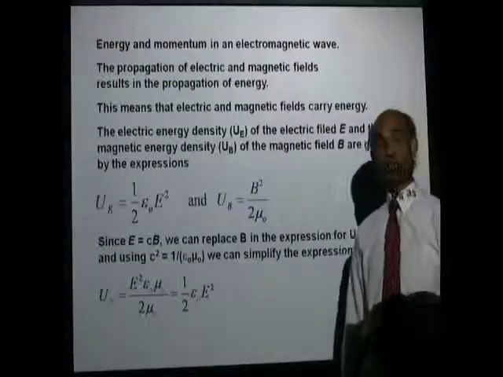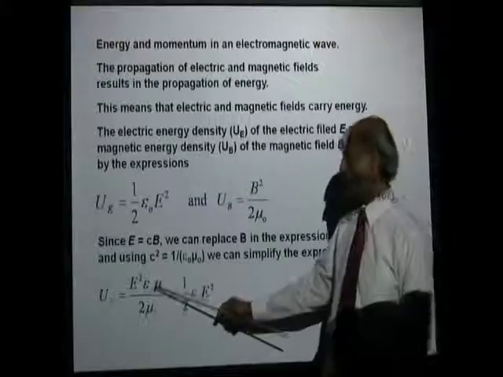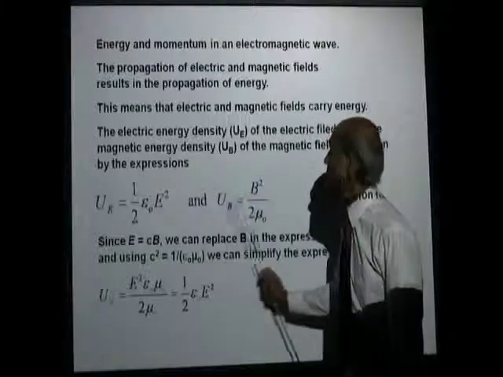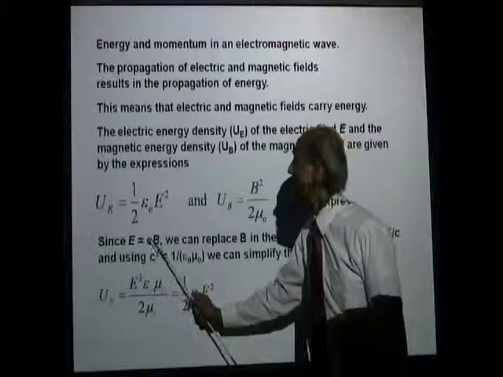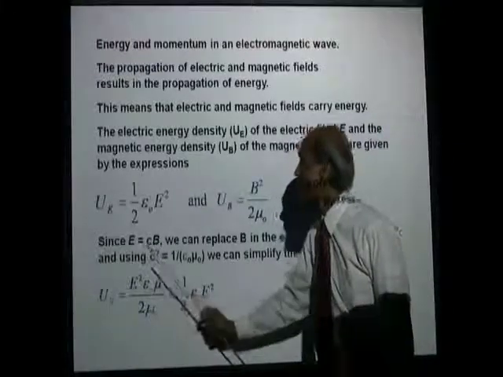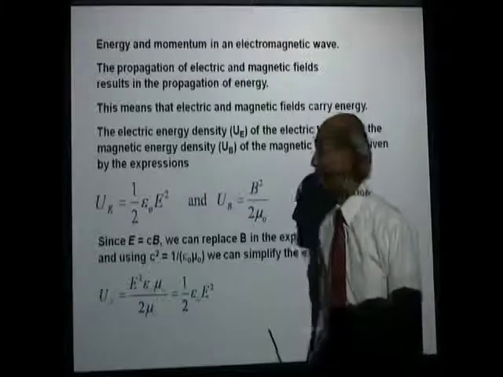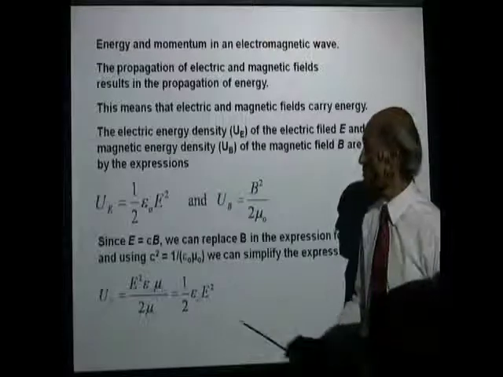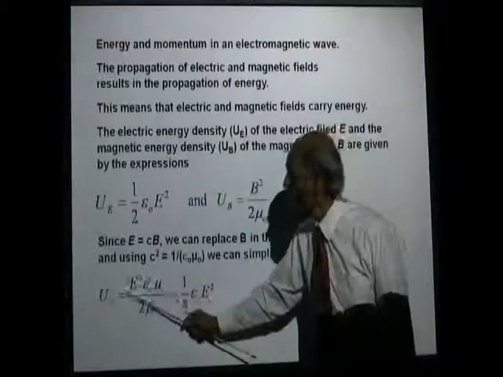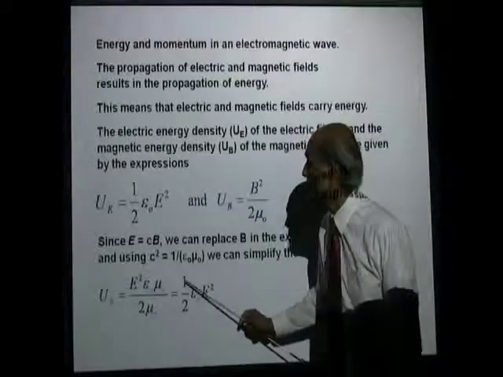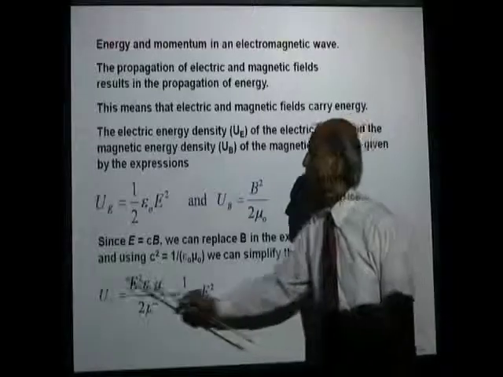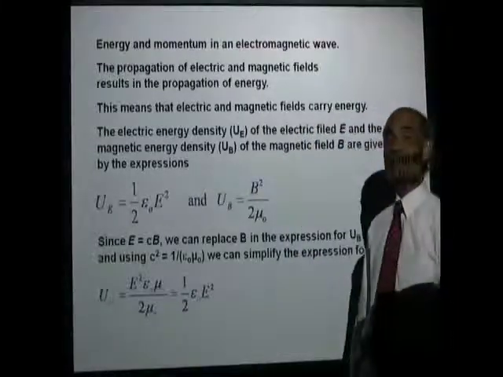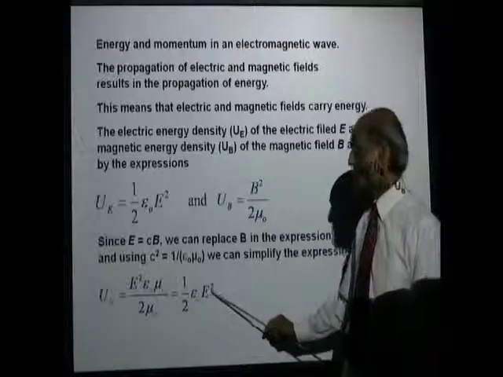Is that right? Well, did you see how that was obtained? Well, we replaced B by E over C, and our C is 1 over square root mu 0 epsilon naught. I want you to do that on your own and see whether you come to this. You can see UB therefore also is 1/2 epsilon naught E squared.